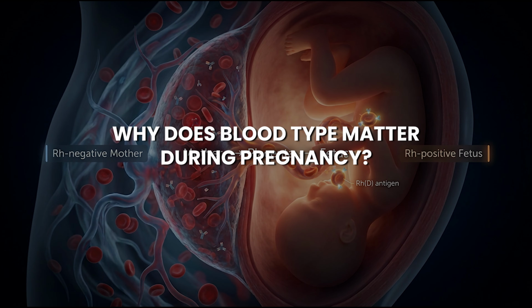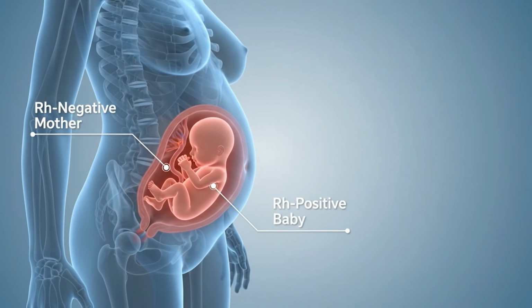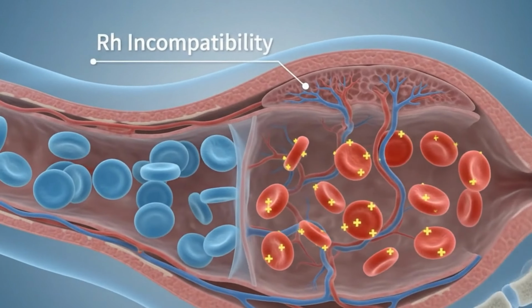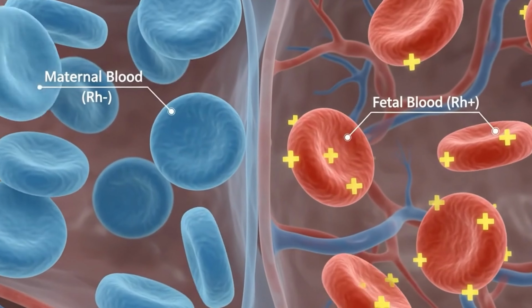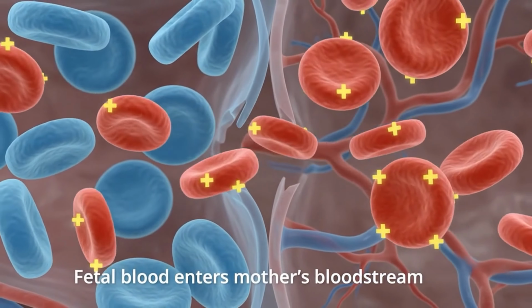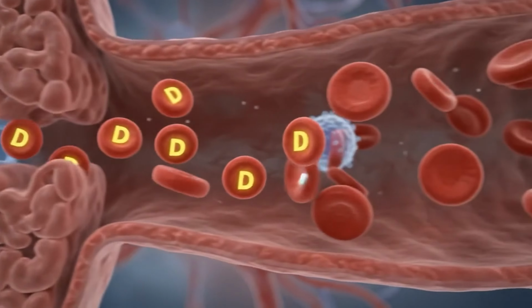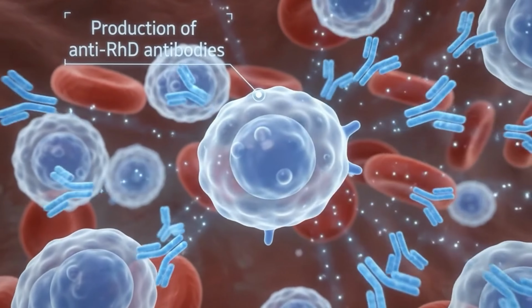Why does blood type matter during pregnancy? The Rh system has another important medical connection. Imagine an Rh negative mother carrying an Rh positive baby. During pregnancy or childbirth, fetal blood can sometimes enter the mother's bloodstream. The mother's immune system may then become sensitized to the RhD antigen and produce antibodies against it.